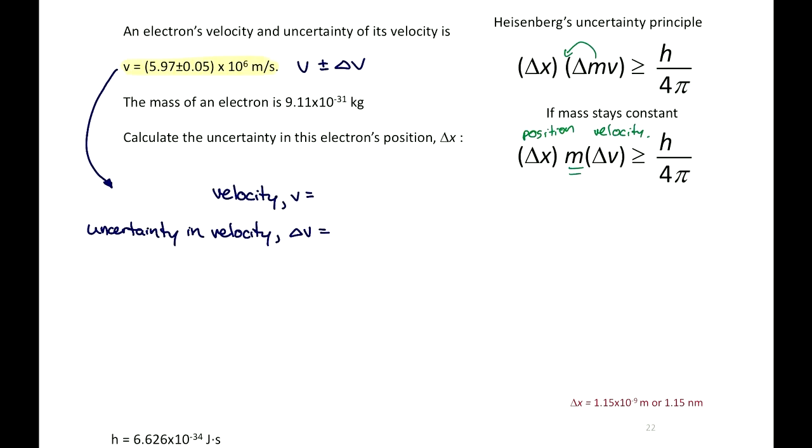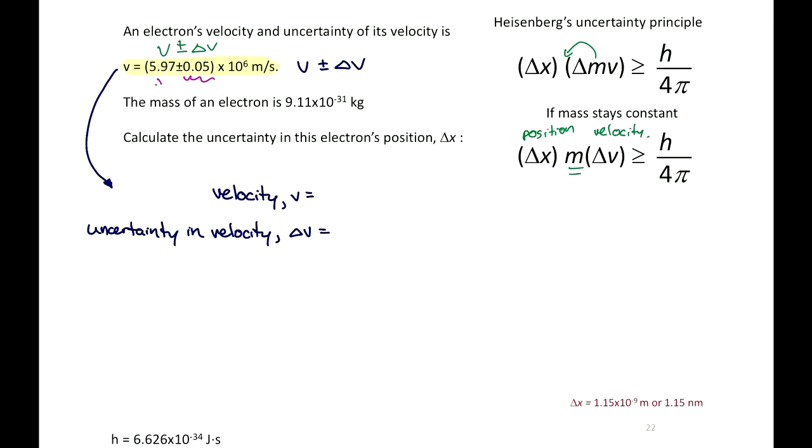So given this question, I tell you we have an electron and its velocity is 5.997 plus or minus 0.05 times 10 to the 6 meters per second. So how this is given is in terms of velocity plus or minus its uncertainty. So we actually just care about this value.